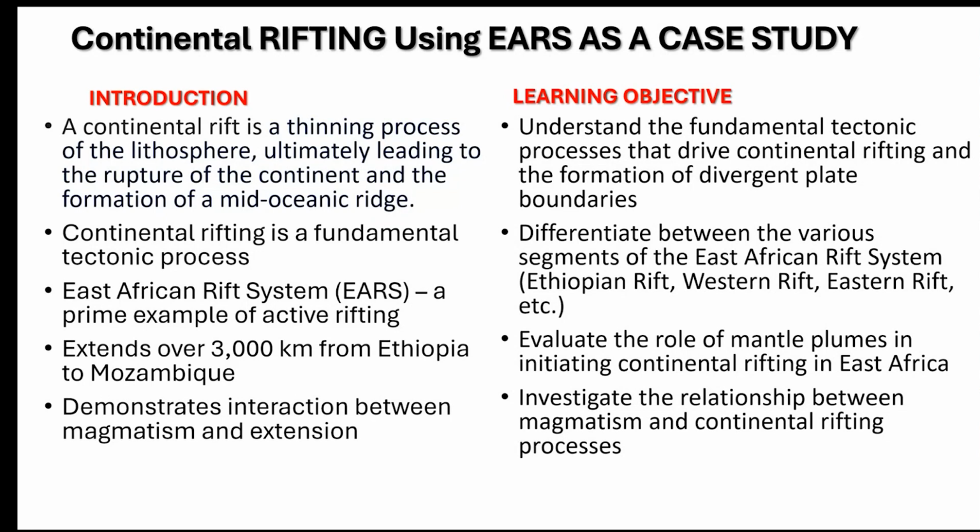The East African Rift System is an active rift, an example of this kind of divergent plate boundary. It extends over 3,000 kilometers, from Ethiopia, past Tanzania and Kenya, down to Mozambique.